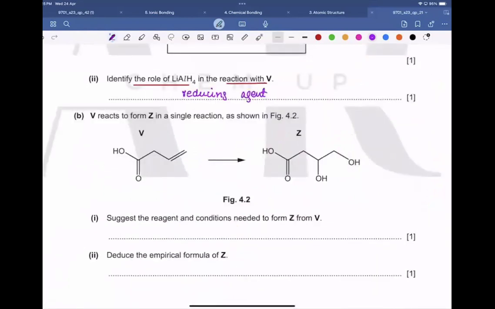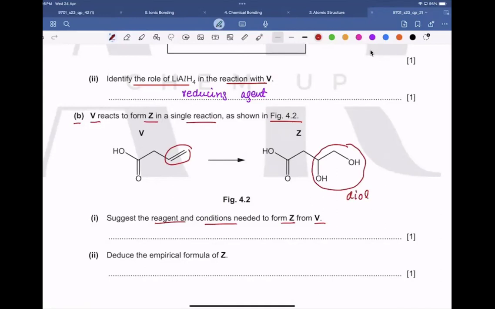Now, part B. Here the structure is of V, which reacts to form Z in a single reaction as shown in figure 4.2. Suggest the conditions needed to form Z from V. So if you see, there is a carbon-carbon double bond, and instead of that carbon-carbon double bond, we got a diol on those two carbons.